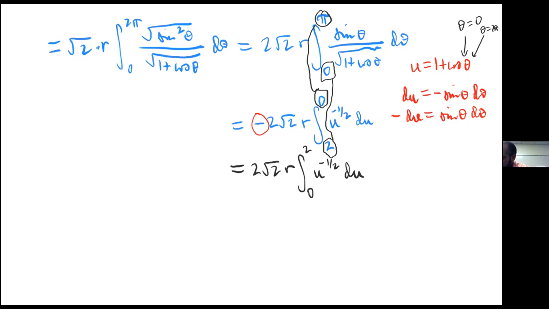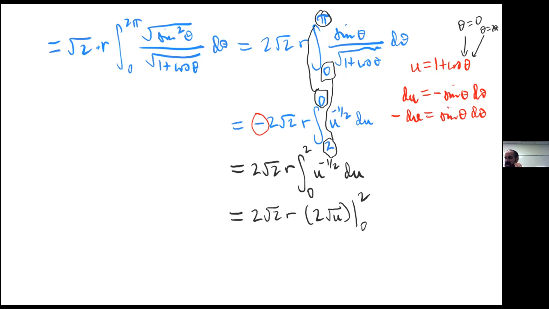All right, well, what's the antiderivative of u to the minus 1/2? 2u to the 1/2. Exactly. This is going to be 2 square root of 2 r, and it's going to be 2u to the 1/2, which is 2 square root of u, evaluated between 0 and 2.